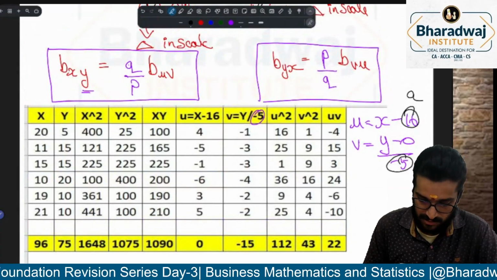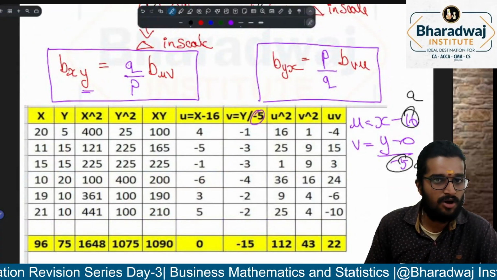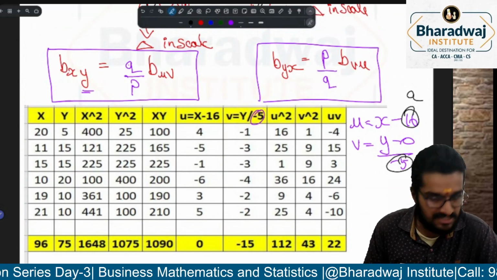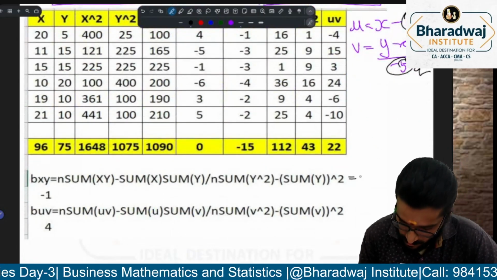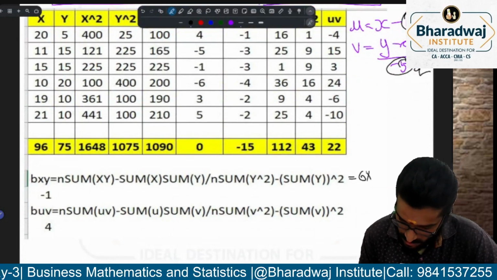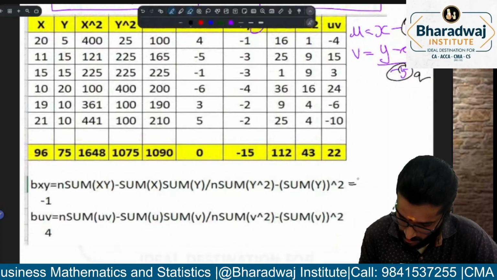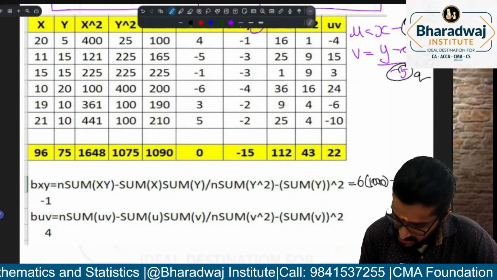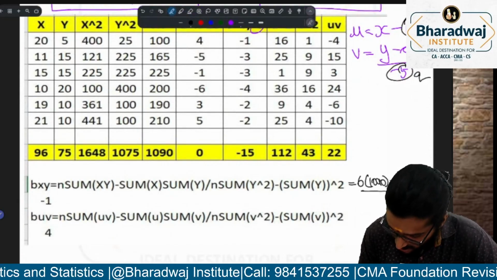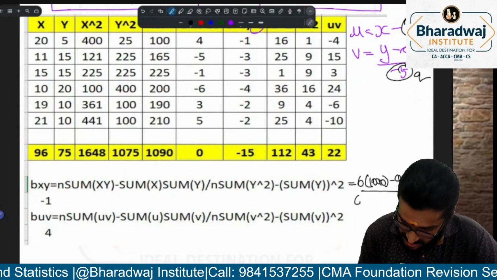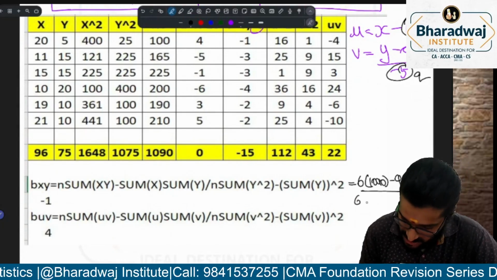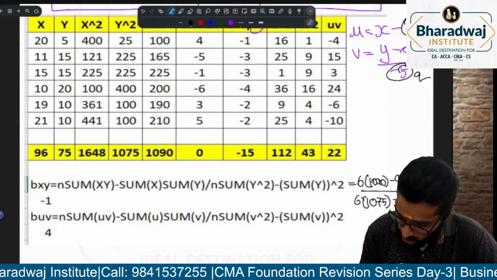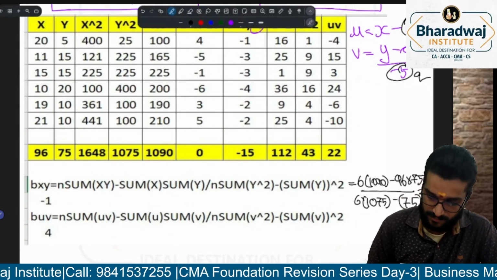N times summation XY, which is 6 times 1090, minus summation X summation Y, which is 96 into 75, divided by 6 times summation y square, which is 1075, minus 75 the whole square. Try to execute. What's the answer?